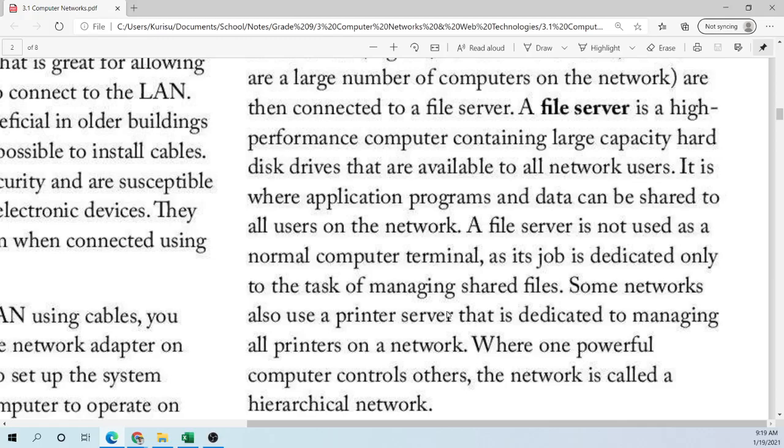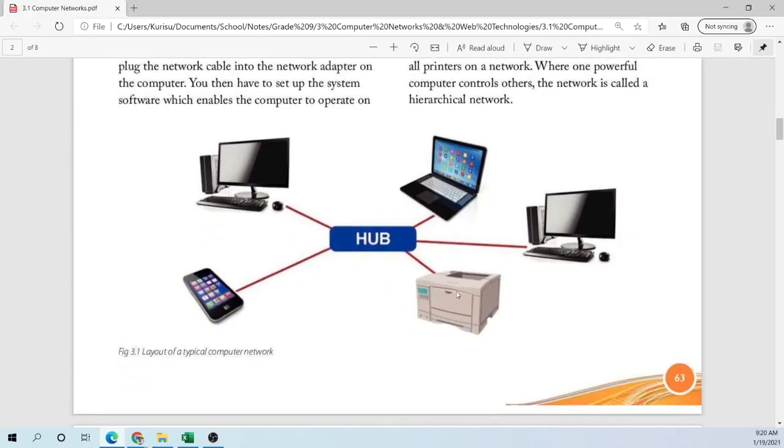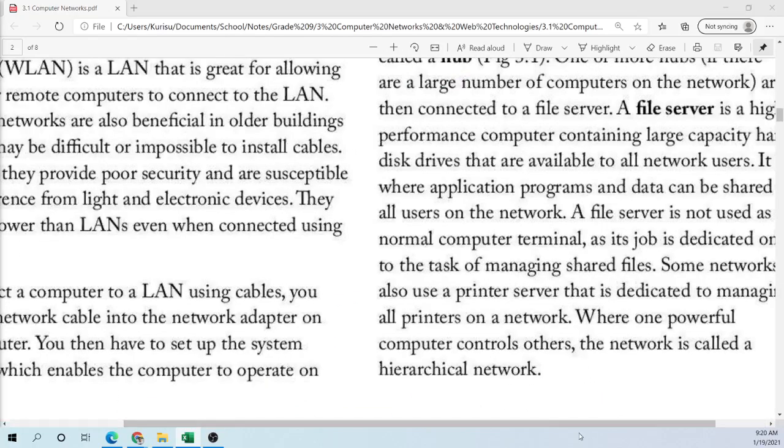We also have another server at the bottom here called a printer server. And that printer server will be serving printers. So you can have a printer connected to the network, and you can share those printers on the network. So then that server now becomes a printer server.